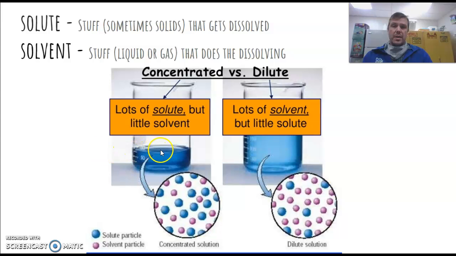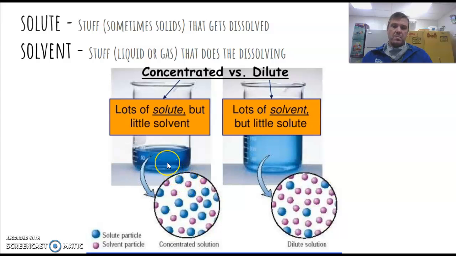So if we look at the example down here, we've got two different solutions. We have a concentrated blue solution and we have a dilute blue solution. We can see that the blue particles that we've got here are the solute, that's the solid. In this case, it's like a blue dye of some sort, probably. And the solvent, that's this purple thing here.